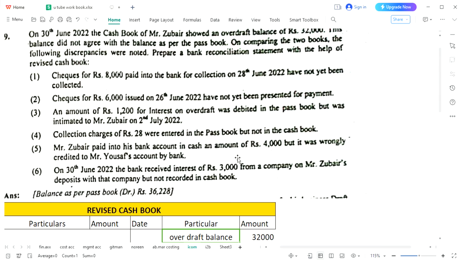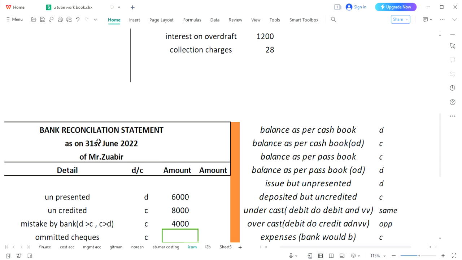Now the next entry: on 30th June the bank received interest. Receive means the amount is coming into the bank, the amount in the bank has increased, and an increase in the bank account should be debited. So 3,000 needs to be debited. Again the question is whether we will write it in the revised cash book or in the BRS.